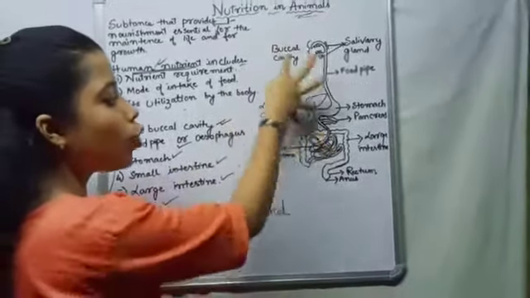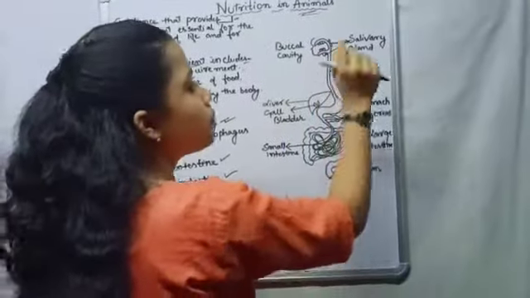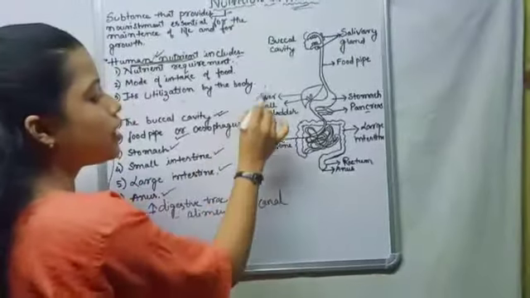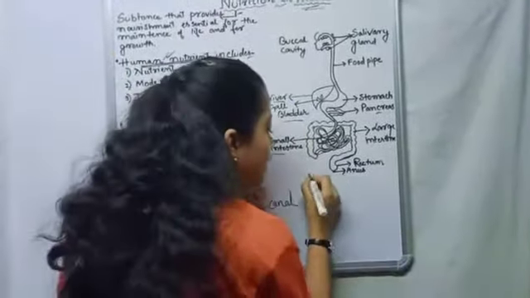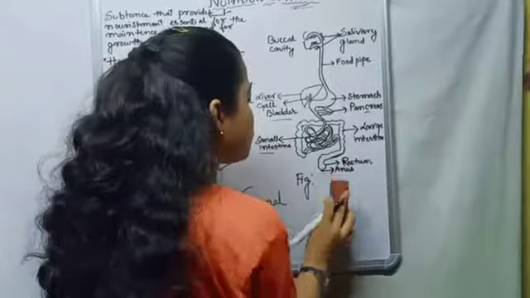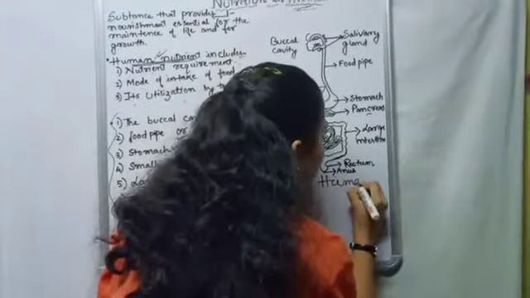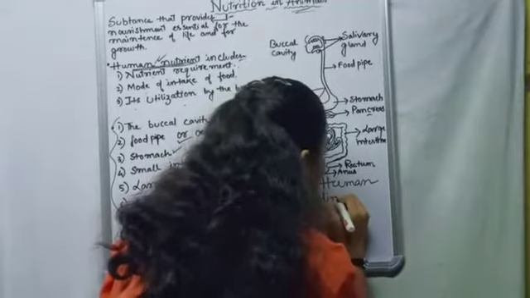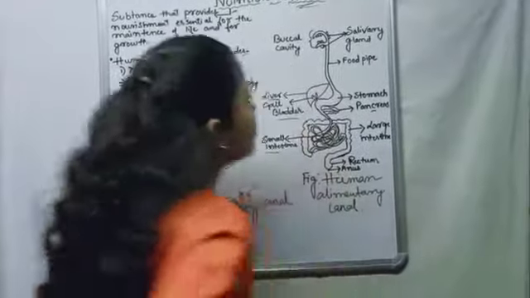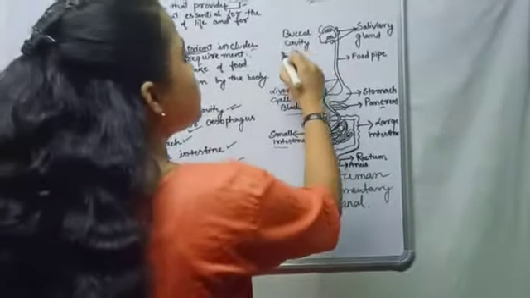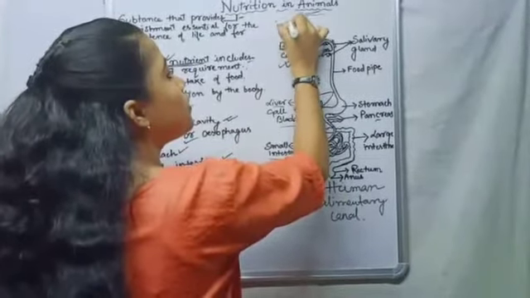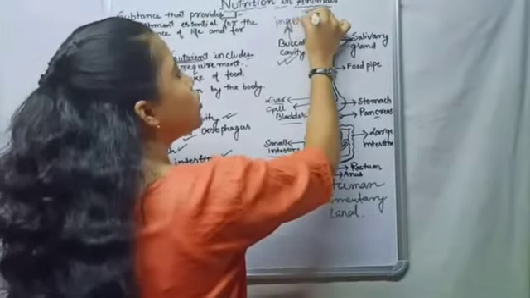You can see here the whole body figure: the buccal cavity, food pipe, stomach, pancreas, large intestine, anus, small intestine, liver and gallbladder. The figure is of the human alimentary canal. Digestion generally starts in the buccal cavity, which is also known as ingestion.